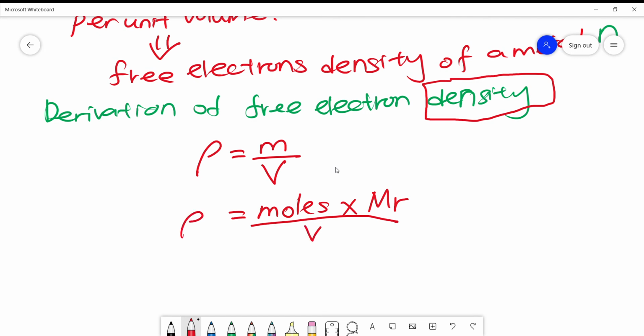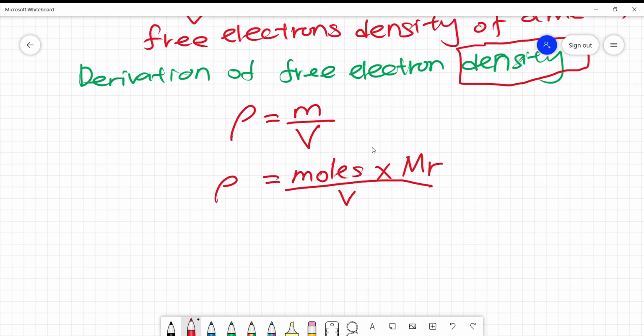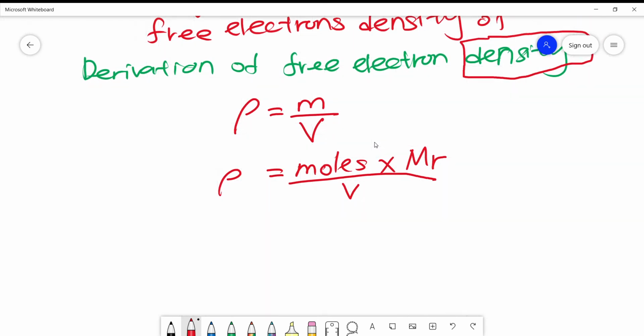If I wish to derive it in terms of the number of moles per unit volume, this mole has the same symbol as the free electron density, which is the small letter n. I use this blue color to represent the moles.